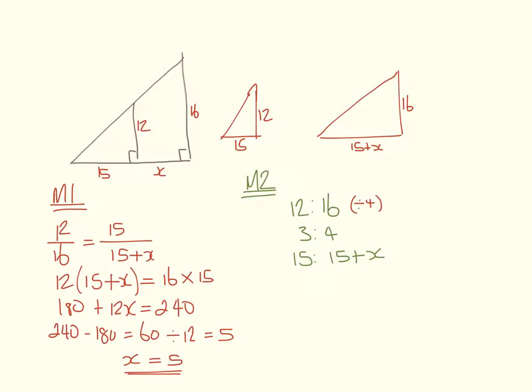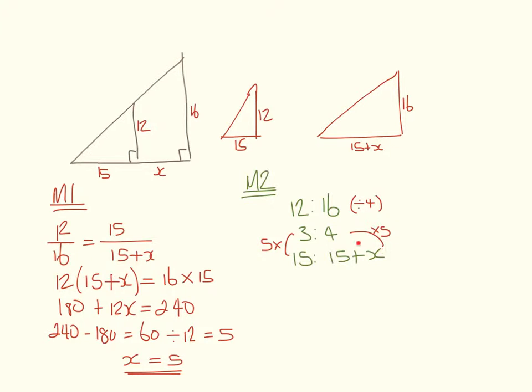Okay, for 3 to become 15, I have to multiply by 5. And just the same way, I have to multiply that 4 by 5 as well. Sorry, I said 5 and I wrote 4. Terrible. So 4 by 5. Now I already know that 4 times 5 is 20.